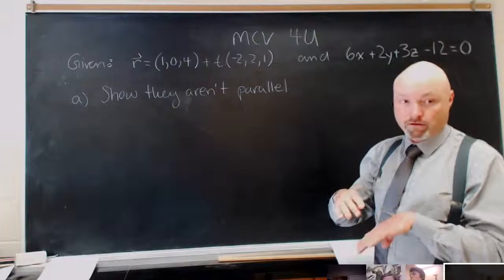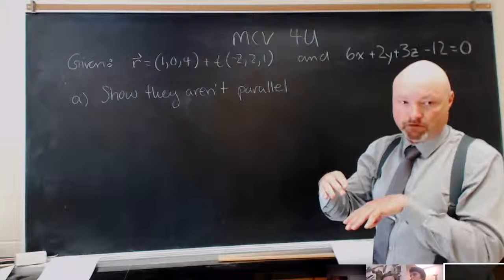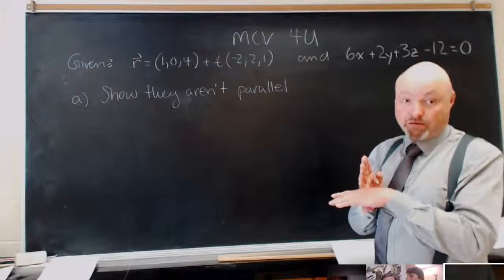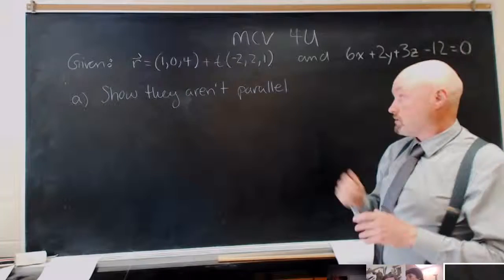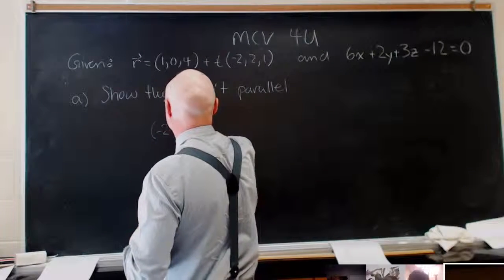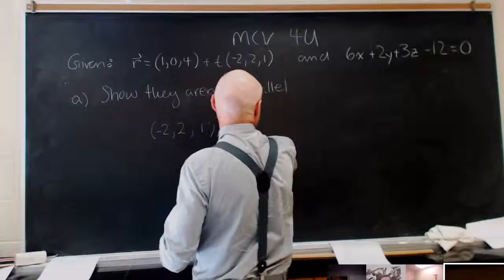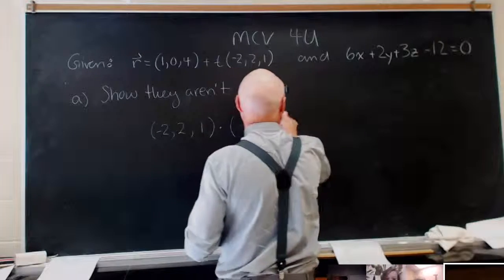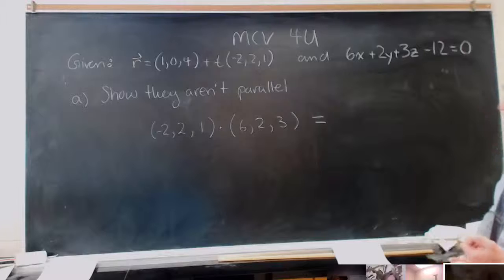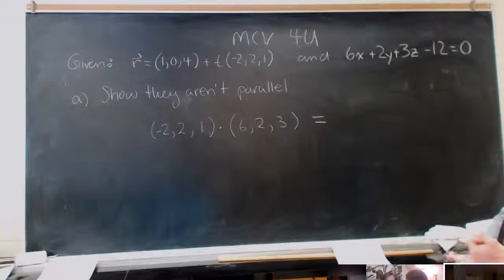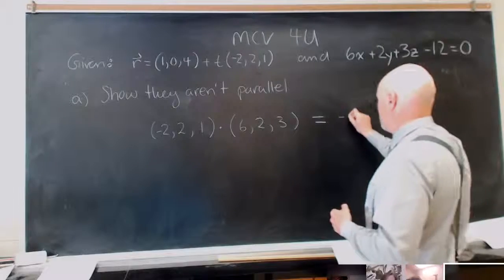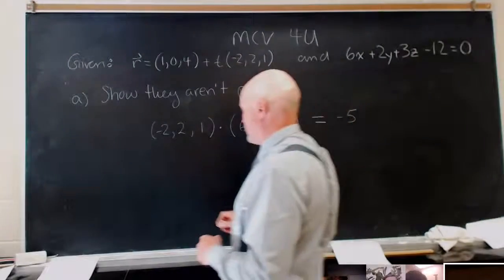Okay, so if they're parallel, the angle between them is going to be 0, but the angle between the line and the normal is going to be 90. So all we really have to do is take the dot product here, and what do we get? We get negative 12 plus 4, which is negative 8, plus 3. We get negative 5.